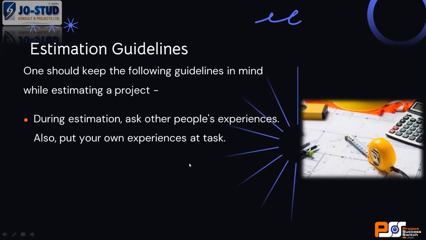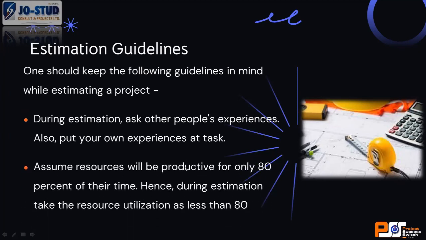What should you look out for when estimating? Ask other people's experience, then put your own experience to task. Assume resources will be productive for only 80% of their time. Yes, this is very, very important.